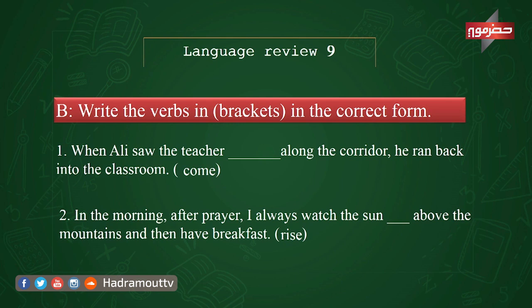What do you think the action here, the teacher, still continues walking in the corridor or completed? Just Ali look at the teacher, then come back to his classroom. What about the teacher now? Sure, it is coming or continuous.